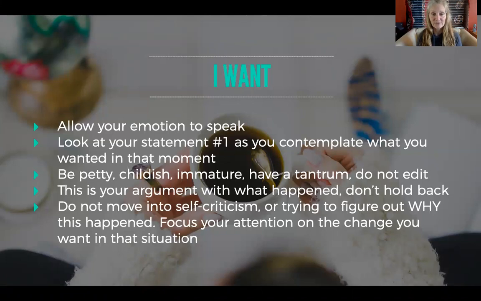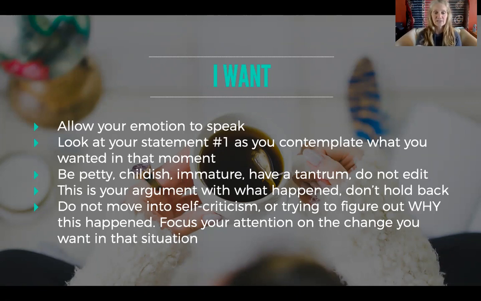This is your argument with what happened. You don't hold back. We're not moving into self-criticism or trying to figure out why this happened, although the mind will speedily do that sometimes. Just focus on the attention of what you wanted to have changed, what you wanted to be different in that situation.